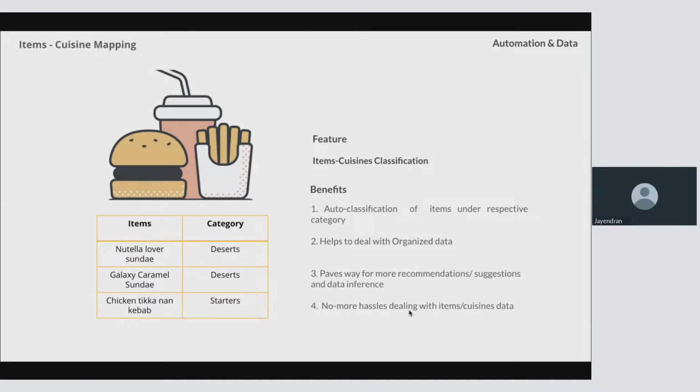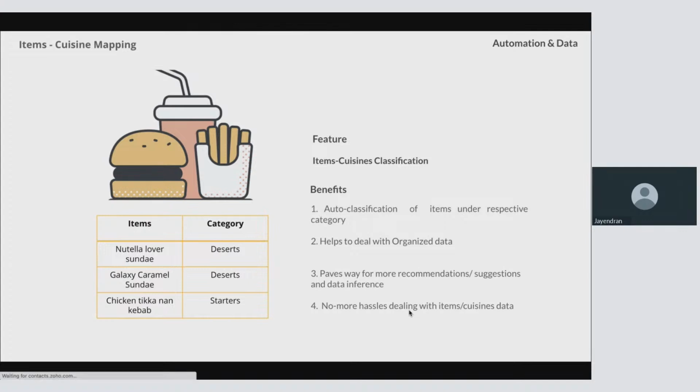So the team has identified and trained the engine to understand that kebab should fall under a major category. We have defined the system with all the categories, let's say for example starters, main course, desserts, drinks, and add-on dips. All these major categories have been identified, and then we have taken into account all those items within our system.